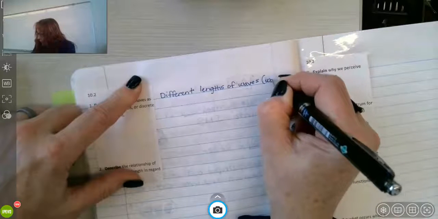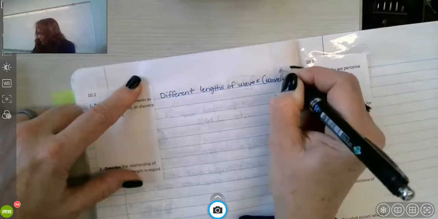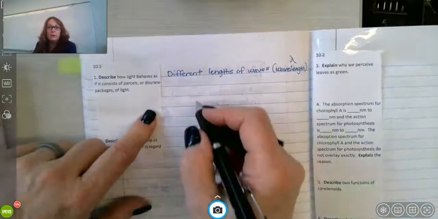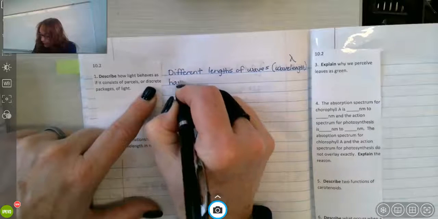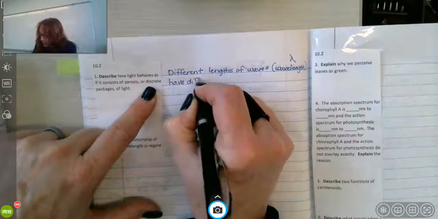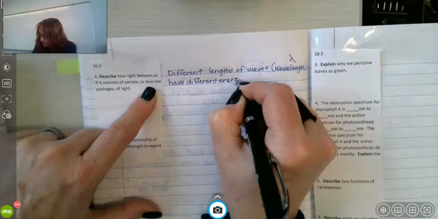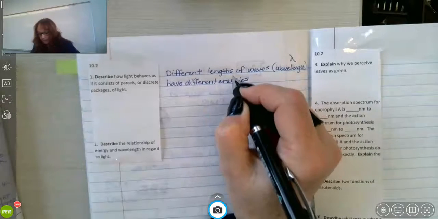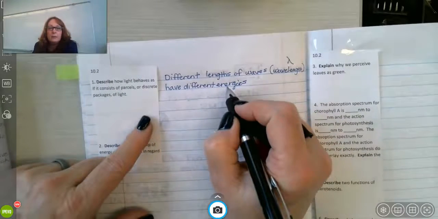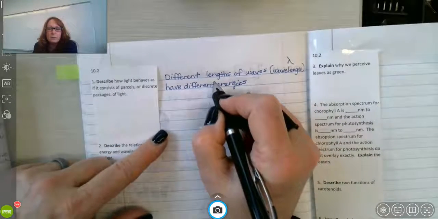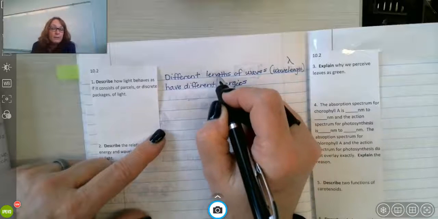So obviously that's wavelength, which is lambda, which looks like that. So different lengths of wavelengths have different energies. And so what we can do is, if we step out of this, well, how much energy does it have? Well, that depends on what wavelength it is.